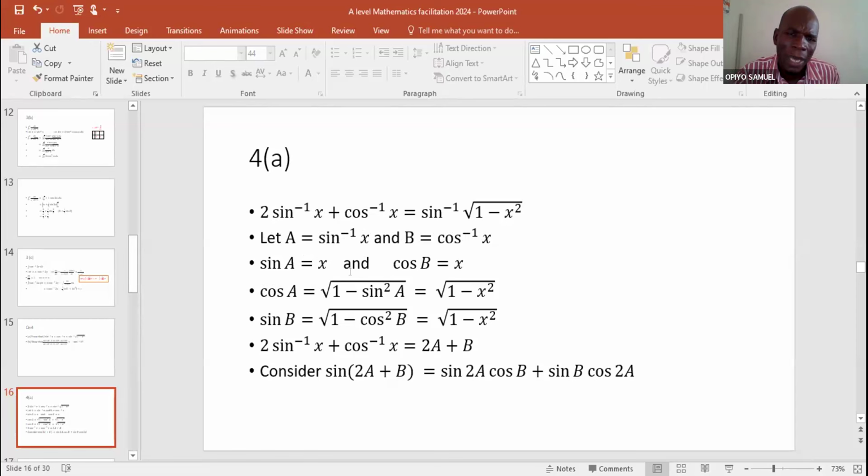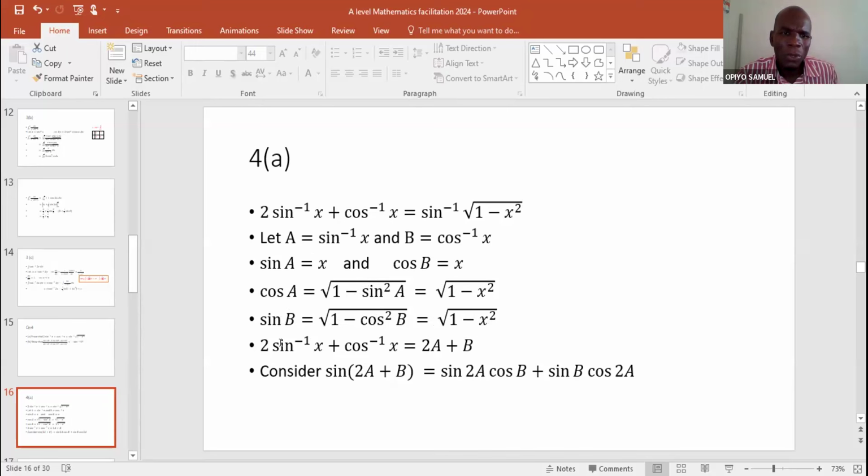So when we take sine squared A to the other side and take square root, we get cos of A to be square root of this. But sine of A is x, so we can put it here. Inside we get 1 minus x squared. Sine B can be done the same way. We get square root of 1 minus x squared too.